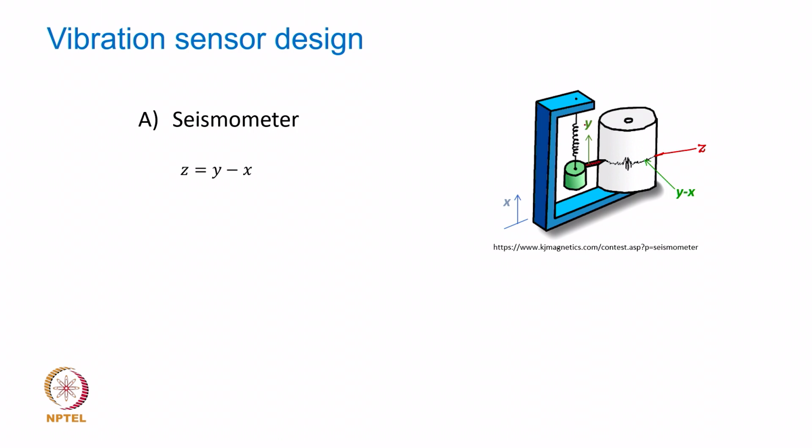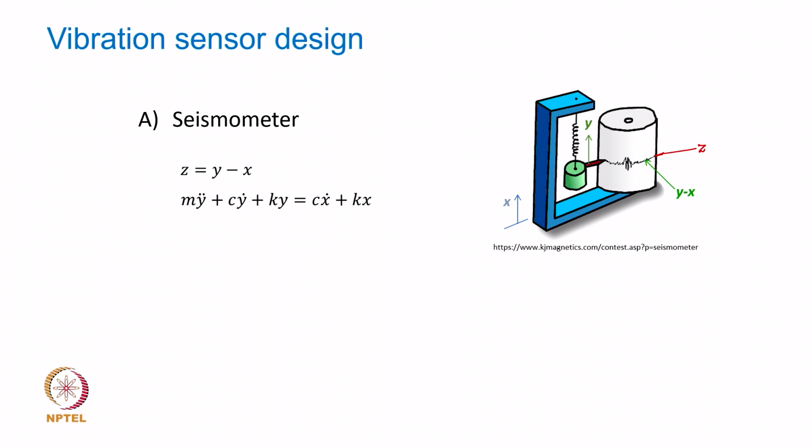Now, I will write the governing equation of motion of this spring mass system, because that is our sensor. Now, when I do that, is this not like a base excited system? We have already discussed this, no? We have seen a few slides back that the governing equation is going to be m y double dot plus c y dot plus k y equal to c x dot plus k x. Please revise this, refer to what we discussed for the automobile case going on a wavy road.